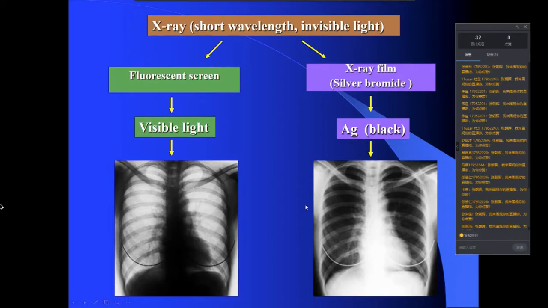In contrast, radiography is based on the photosensitivity effect. The more X-rays reach the film, the more silver particles are produced, and the darker the examined tissue appears. And this is the reason why the appearance of the same object on the fluorescent screen is opposite to its appearance on the film.